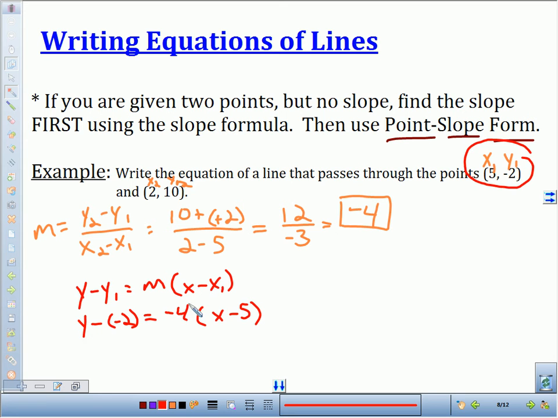I need to distribute. That's my next step. On the other side, I'm going to go ahead and change y minus negative 2 to y plus 2 just to make life a little bit easier.